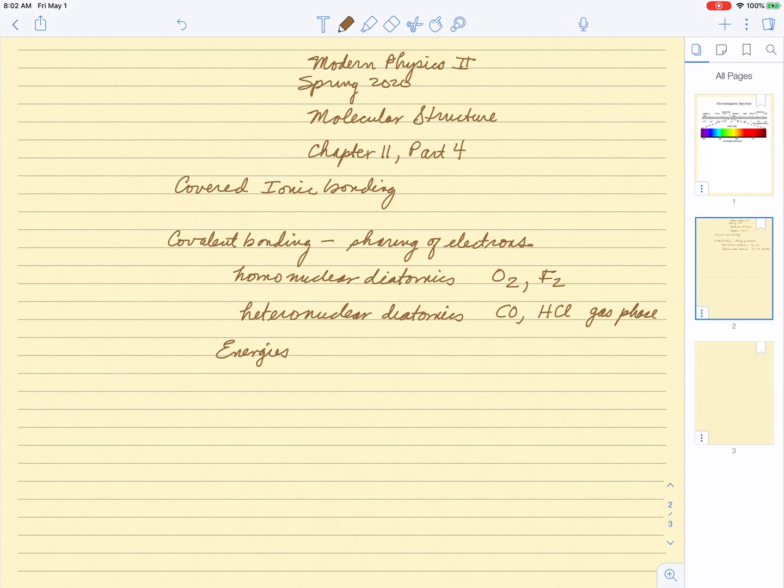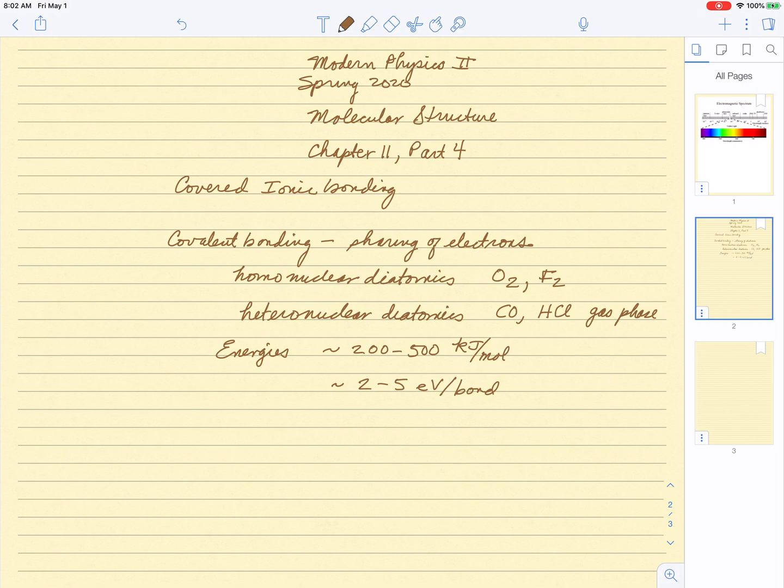So the energies are on the order of 200 to 500 kilojoules per mole. That actually translates to an energy of 2 to 5 electron volts per bond.